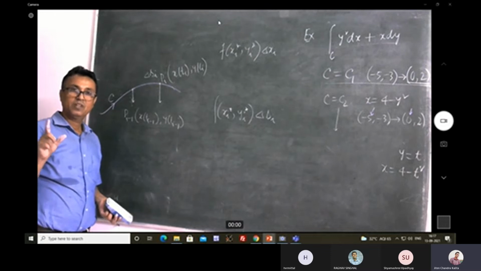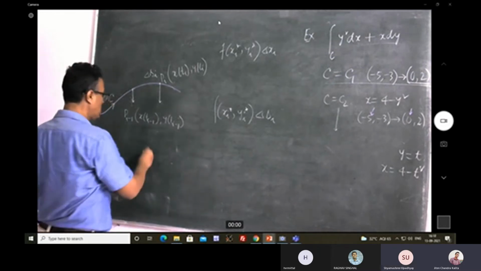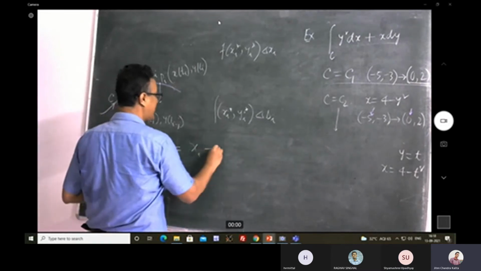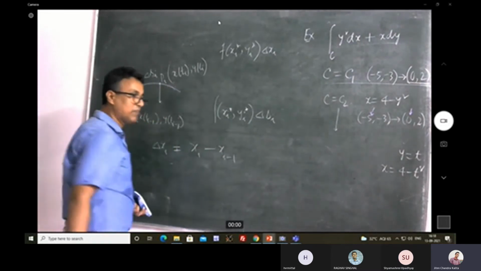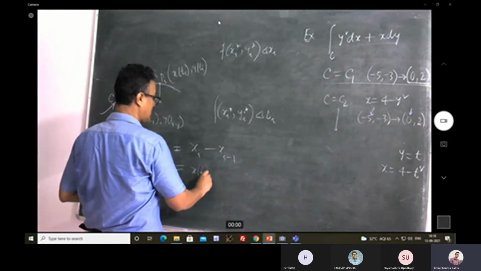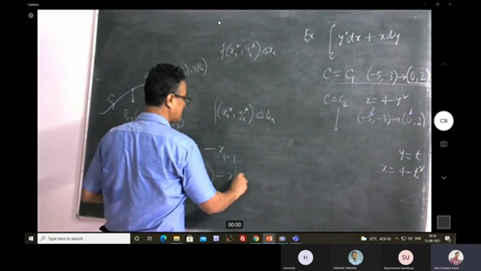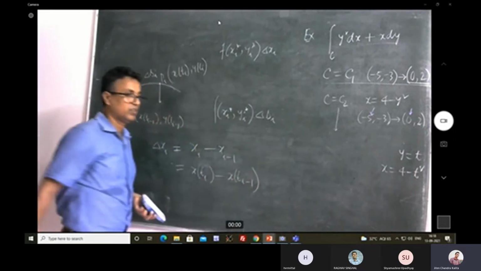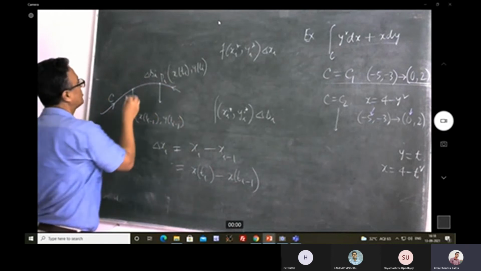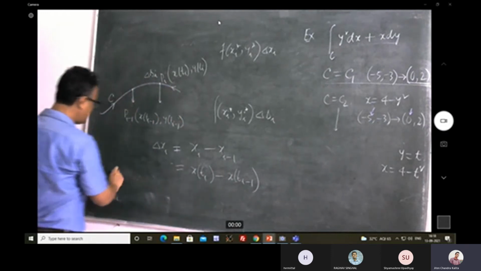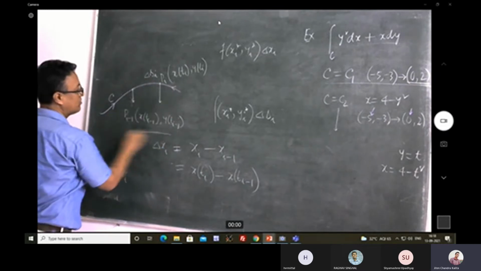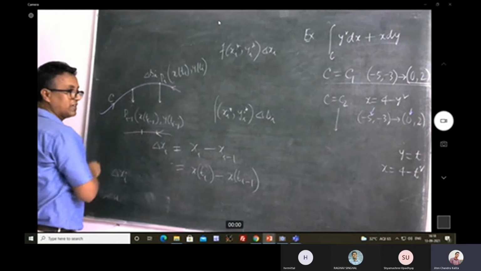On the other hand, if you recall delta x i, it was simply x i minus x i minus 1, that is x(t i) minus x(t i minus 1). Now if you move the other way, you are going to consider the interval delta x i because you are coming from right to left.